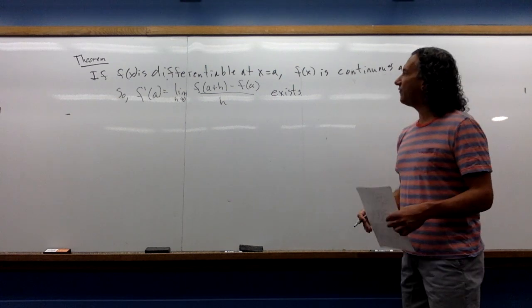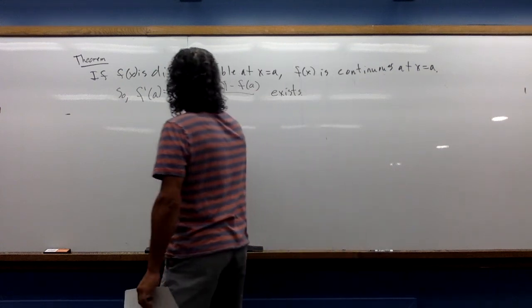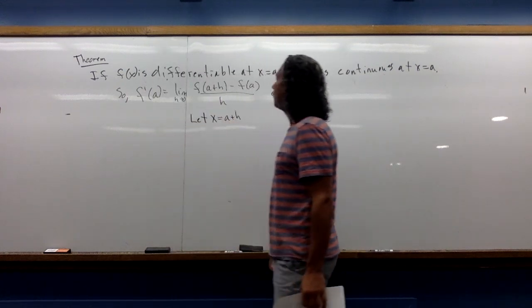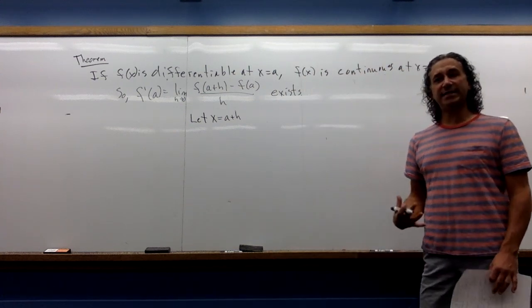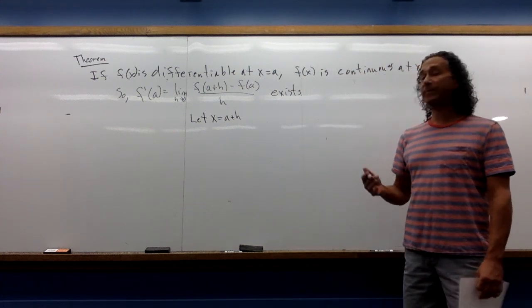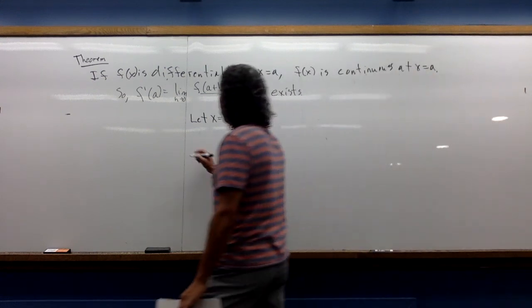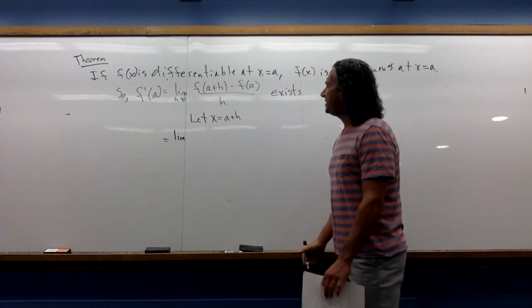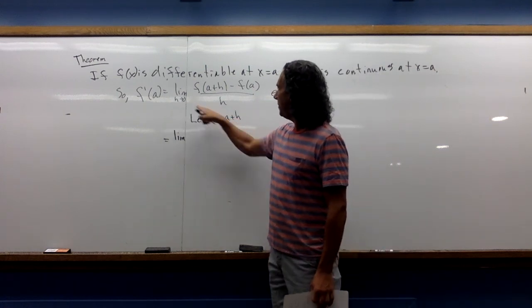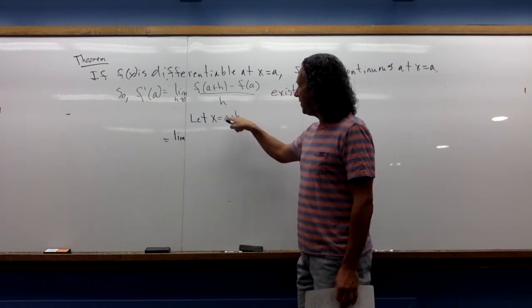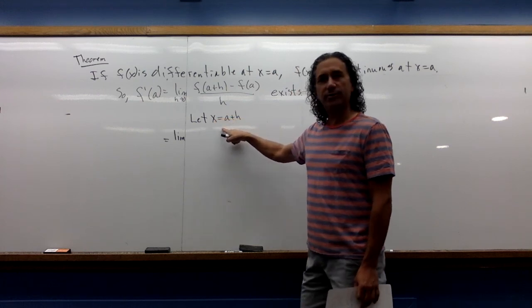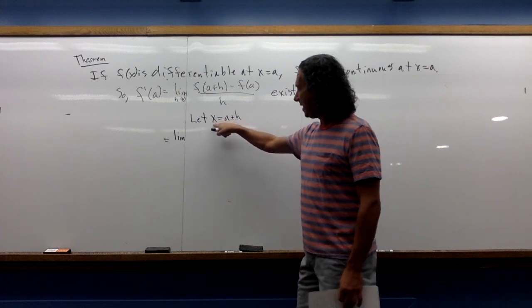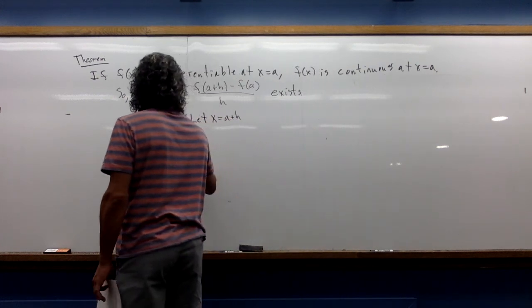So what is this other form? I'm going to make a variable substitution to rewrite this in terms of x's, where x is defined as a plus h. Well, if we do that, let's see. If h goes to 0, then I guess x is getting closer and closer to a.